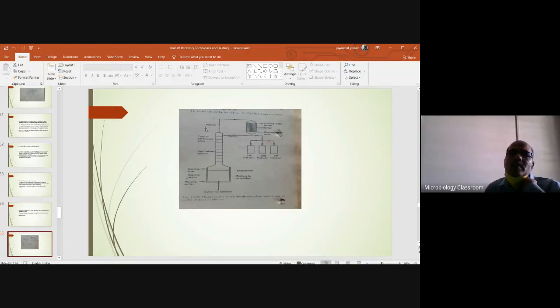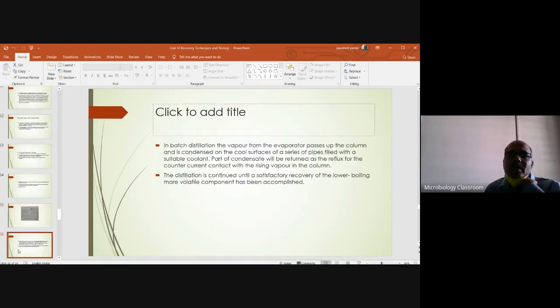We were discussing the recovery of the product. Distillation is one of the techniques of recovery of the product, which is carried out by either batch distillation or continuous distillation. Just now I have given you the explanation.